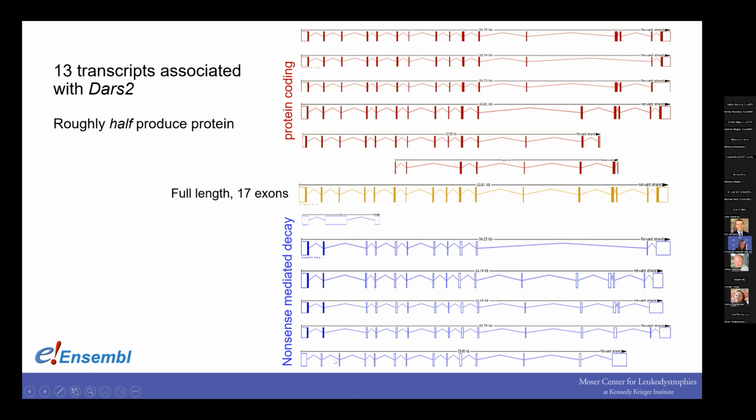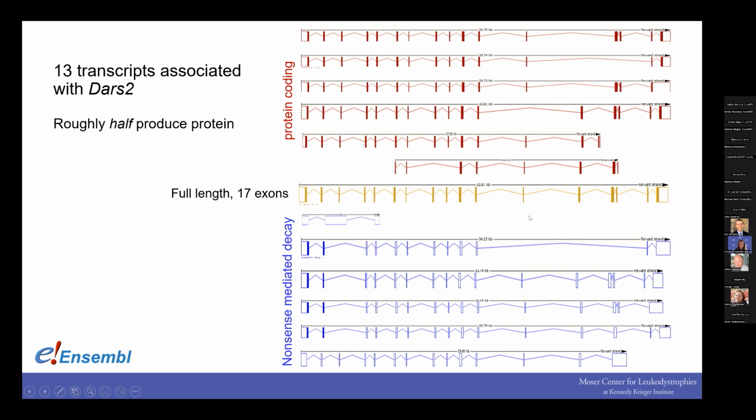For the most part, what these nonsense-mediated decay transcripts have in common is the skipping of exon 3. So we know that patients that have that intron 2 splice site mutation and lack exon 3 have an overall reduction in DARS2 protein. We've seen that in Western blots, and we've seen it in proteomics. But this is going to be an important readout for our gene targeting therapies as well.